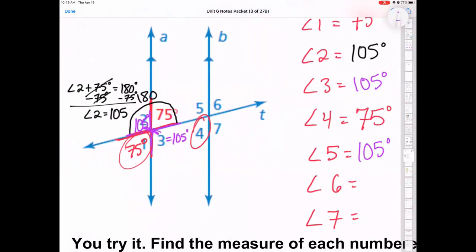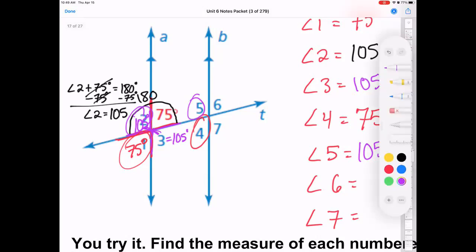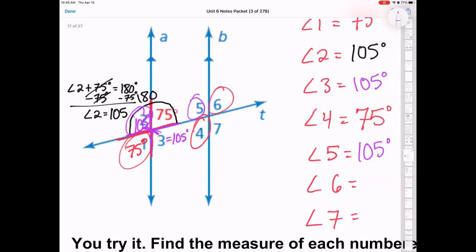When we look at number 6, so again, these two were corresponding. When we look to find angle 6, we see that that is going to pair up and be corresponding with that 75. So we know it is 75.